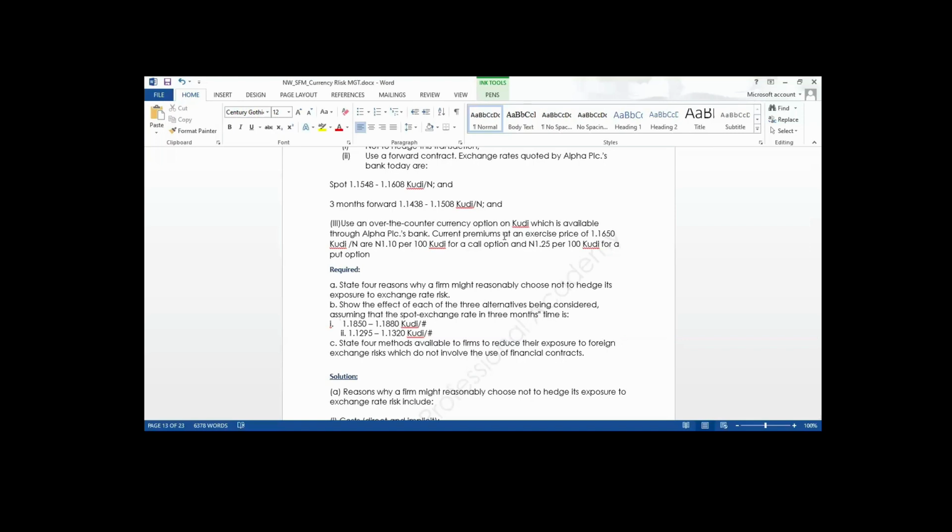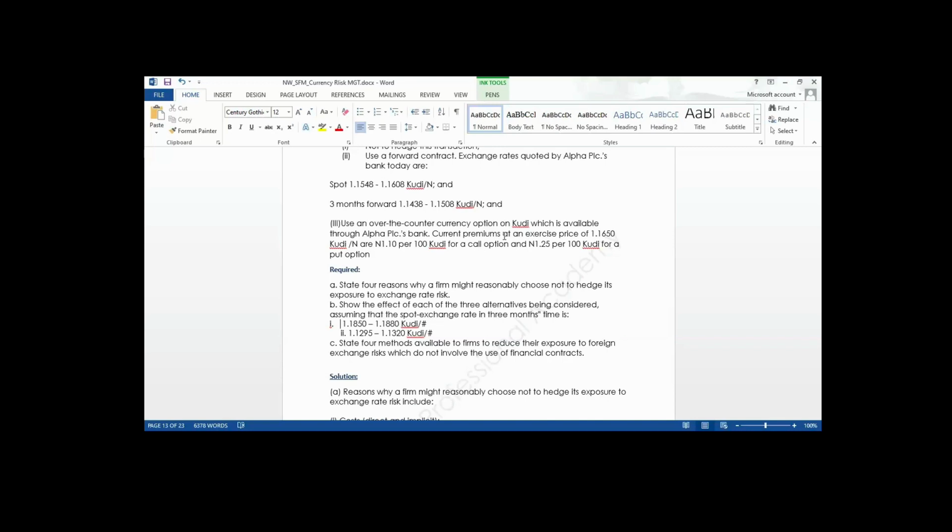That means before I can calculate my premium, I must determine: are we going to use a call option or a put option? How do we know? Now let's analyze it. Our company is based in Nigeria, and we are expecting inflows in Kudi in 3 months' time. When we get the inflows, we are going to be selling Kudi.